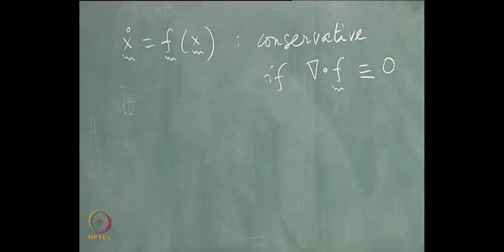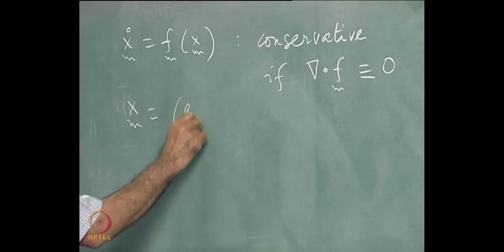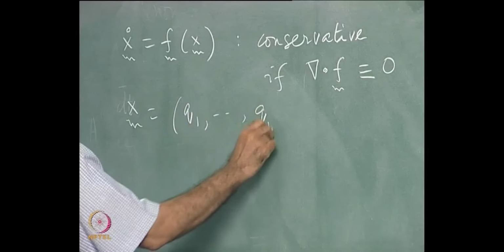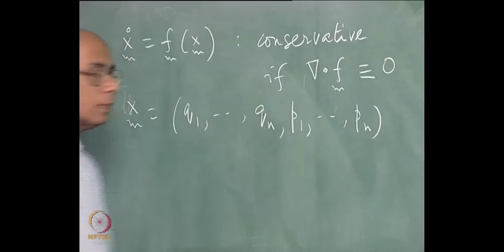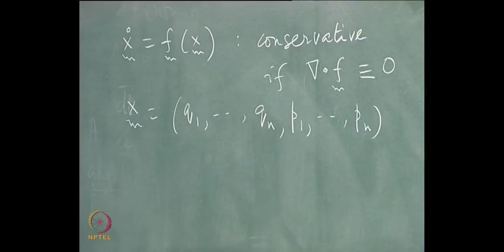Well, we now have a Hamiltonian system for which our x is really q1 to qn, p1 to pn. It is a 2n dimensional dynamical system. What is the gradient operator in this terminology in terms of the q's and p's?